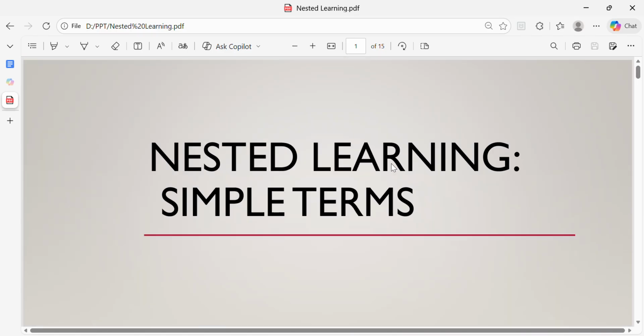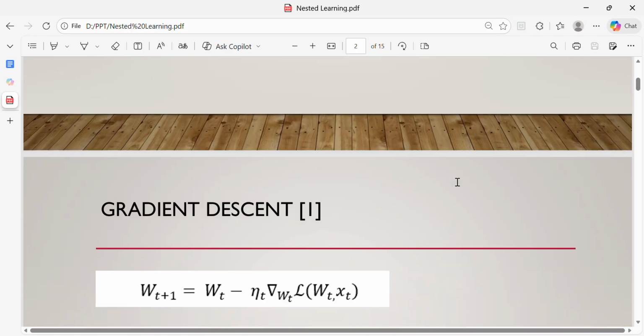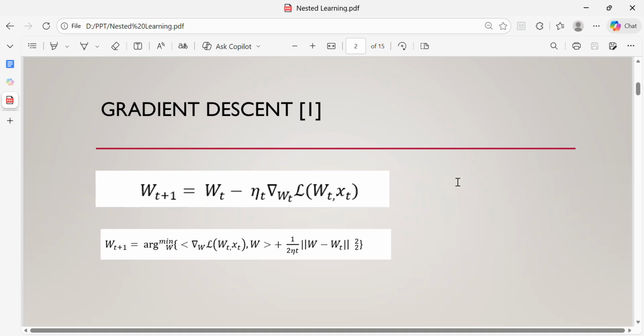Now let us understand what it is and how it differs from deep learning and other kinds of learning that we have been studying and experimenting on. They can be associative memory, backpropagation, recurrent learning, momentum based learning. We have a lot of them in this paper.